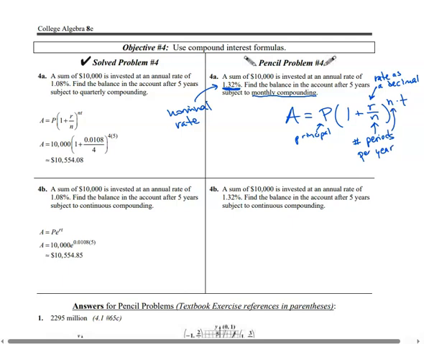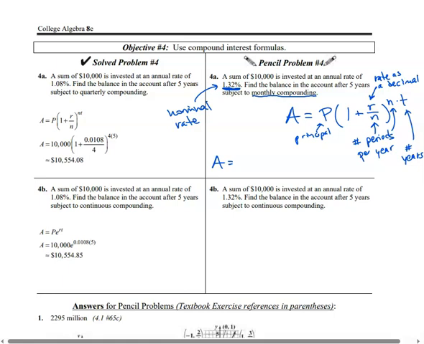The n is in the exponent because what we're trying to get for the exponent is the total number of compounding periods. That's how many times this percent increase should take place. And so we multiply the number of periods per year times the number of years. It gives us ultimately an exponent that is the total number of periods in this whole scenario. And so we can plug everything in.